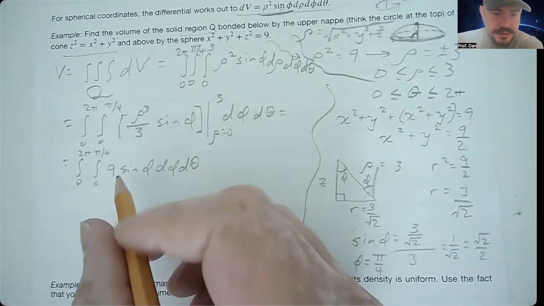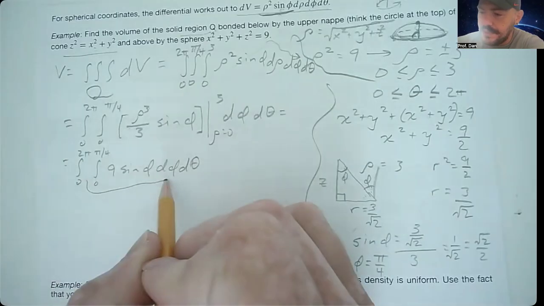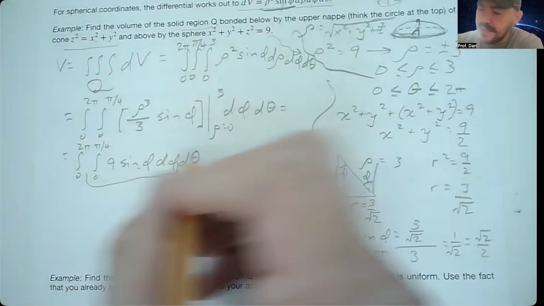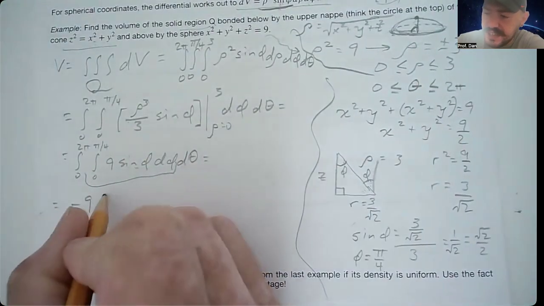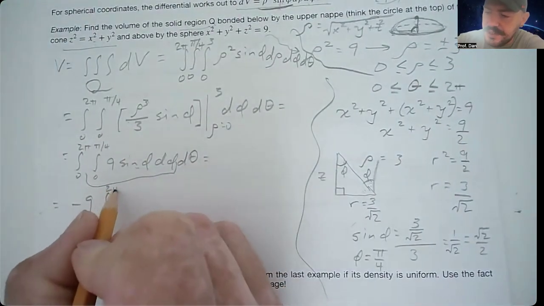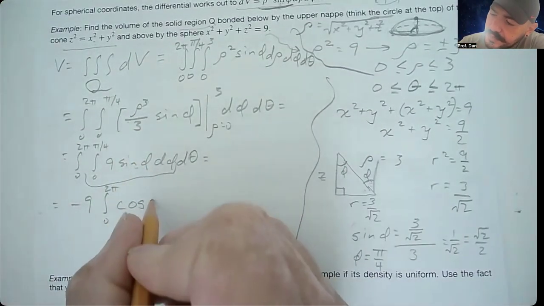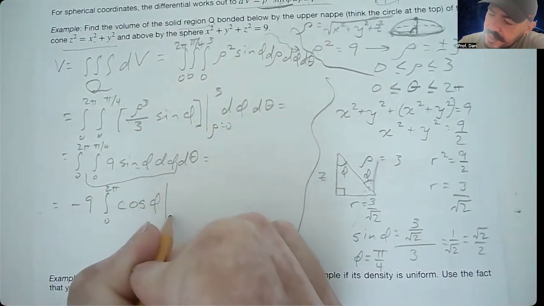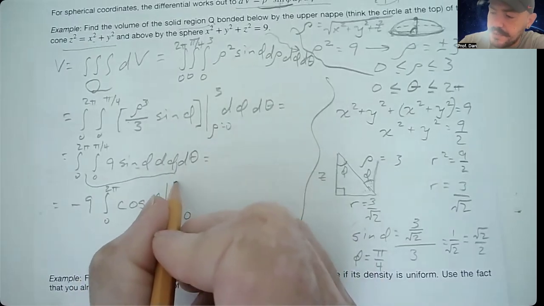All right, so at this point, I know the antiderivative of this pretty easily. That's going to be negative, so I'll go ahead and take negative 9 out. Integral from 0 to 2 pi of cosine phi, evaluated from phi equals 0 to phi equals pi over 4.